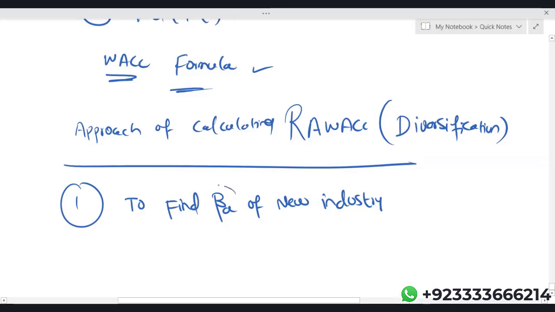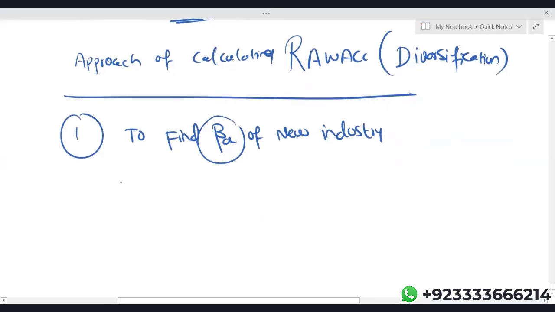Beta asset means ungeared beta, the beta which does not have the financial risk. Beta asset means which only incorporates business risk. So how do we find this beta asset? Simply, you have to de-gear equity beta of proxy company.